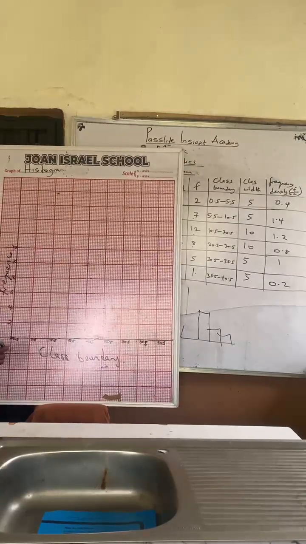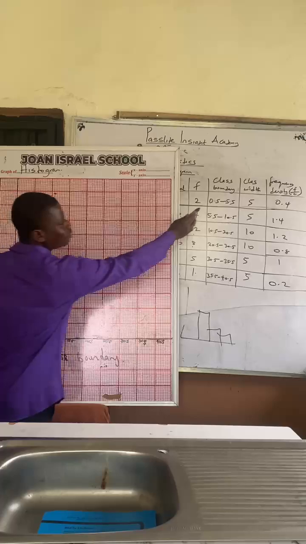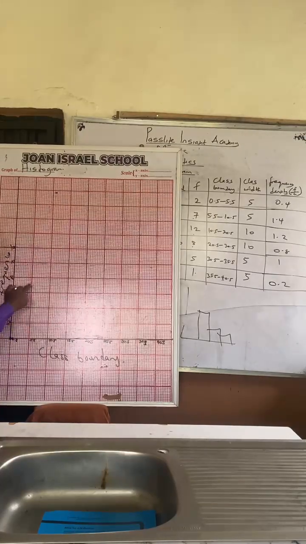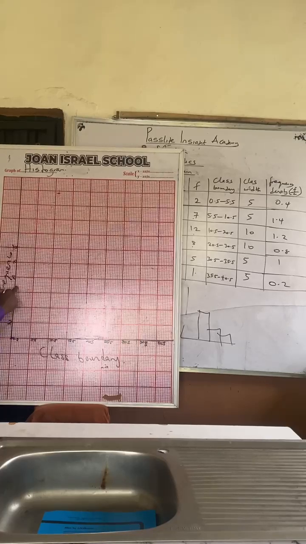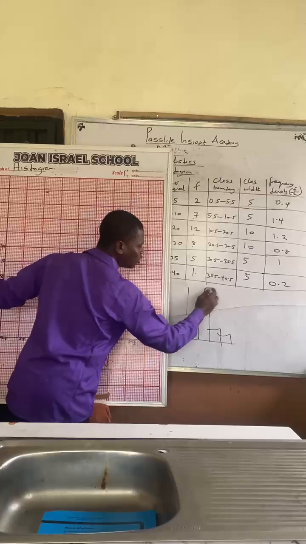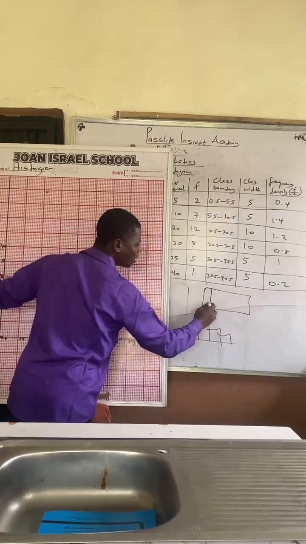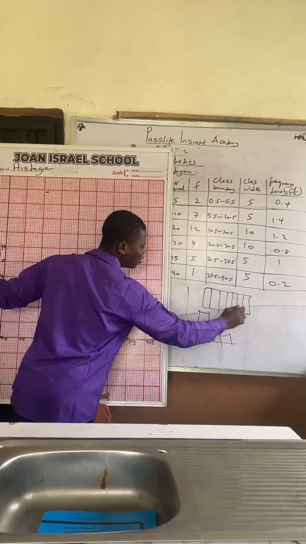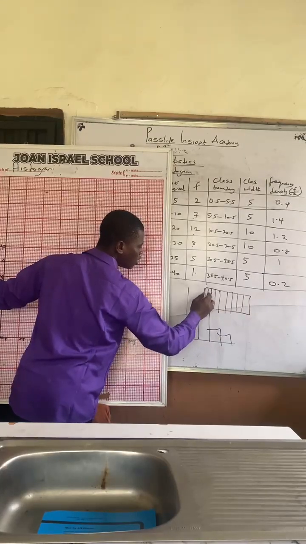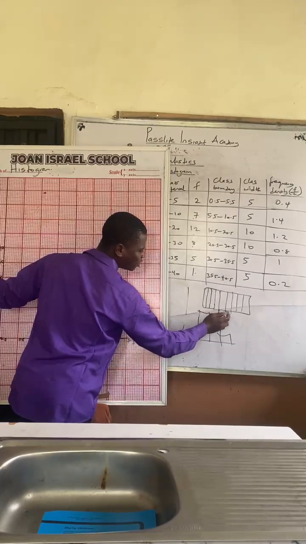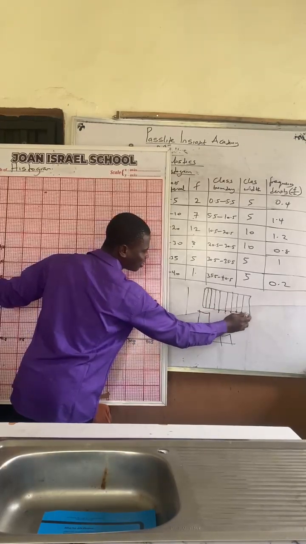So once you draw the graph, the first one is 0.5 to 5.5. So this is what we are using in case you cannot see the number. The interval between here is always 10 on the graph. So when you have something like this, this is how it will be. 1, 2, 3, 4, 5, 6, 7, 8. 1, 2, 3, 4, 5, 6, 7, 8, 9, 10, 11.